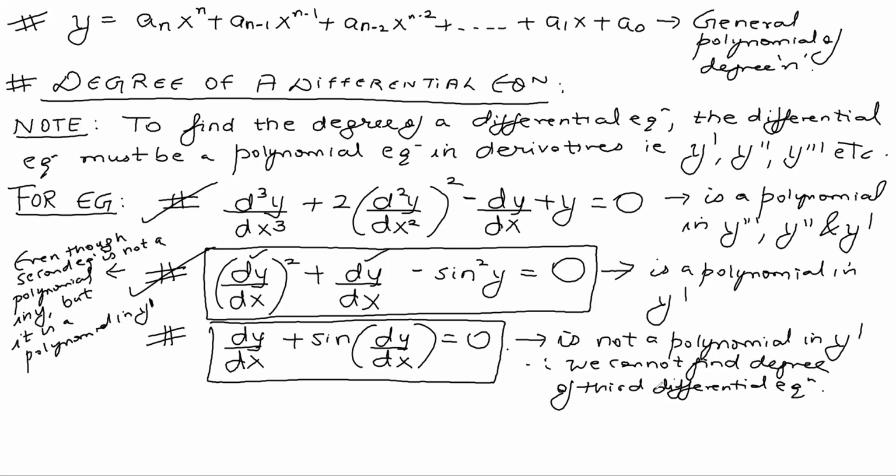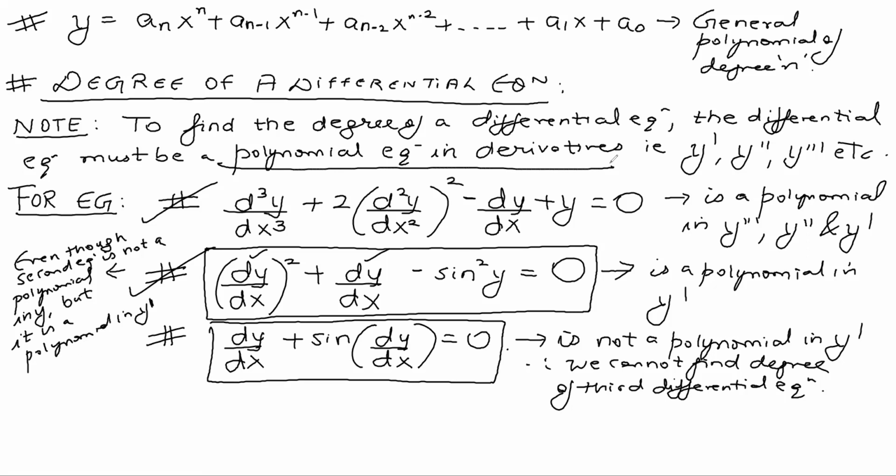All students should remember, you can find the degree of a differential equation only if it is a polynomial equation in derivatives. It may or may not be polynomial in x and y, but it has to be polynomial in the derivatives.